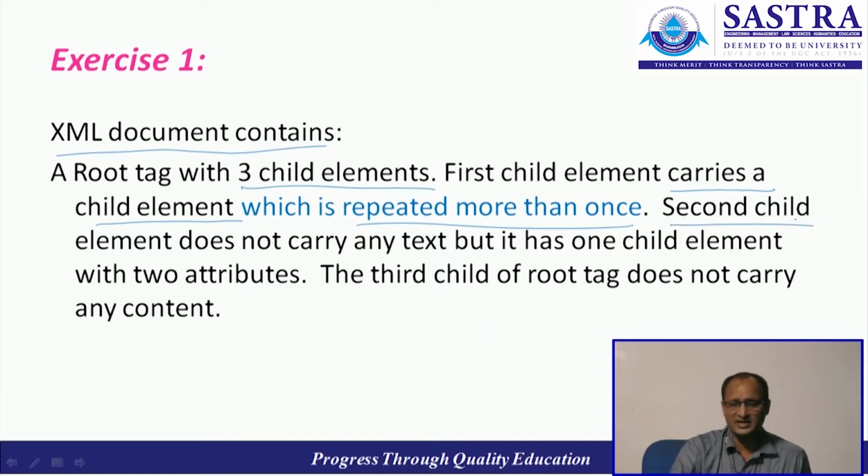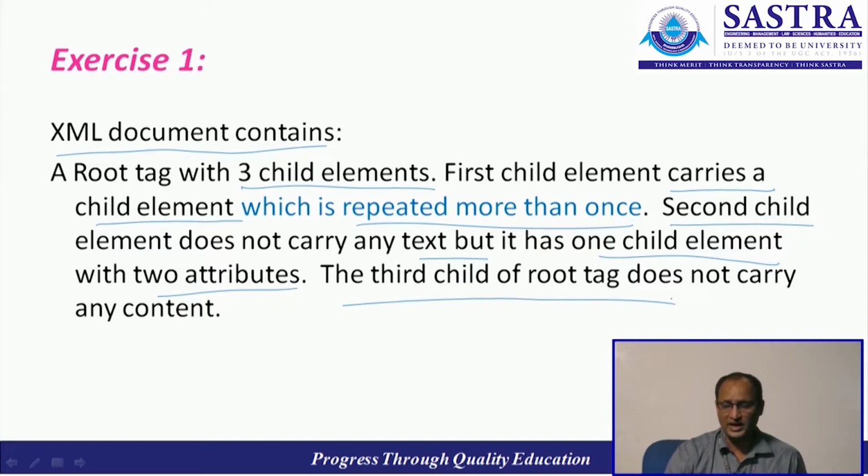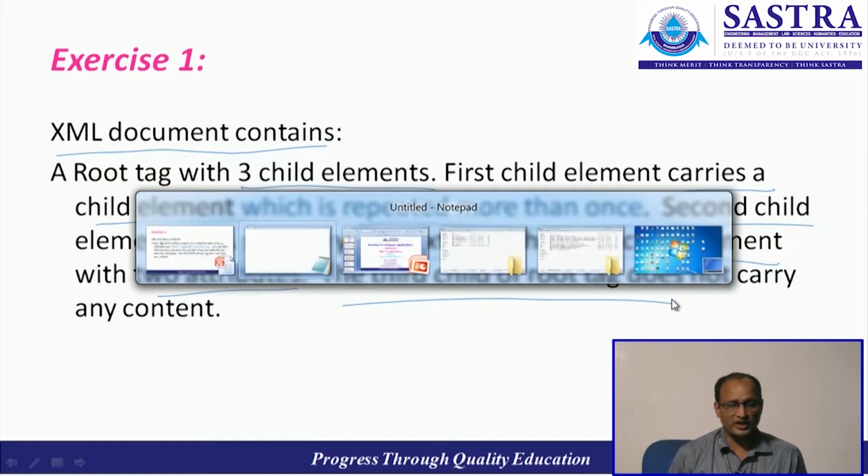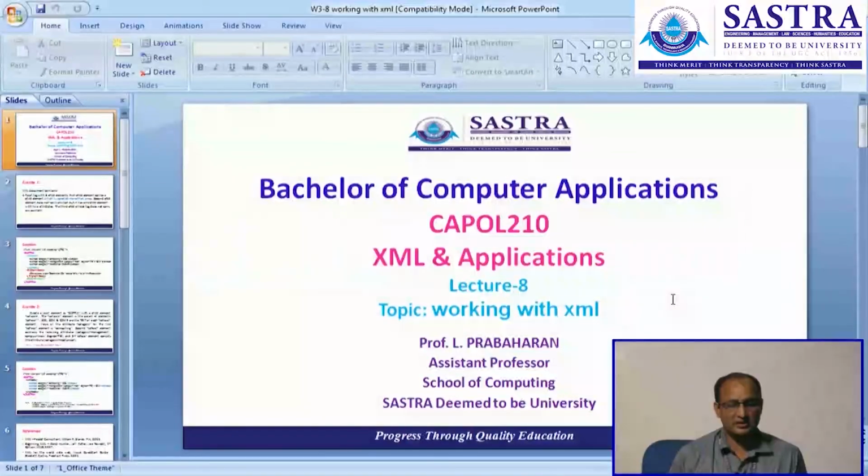The second child element does not carry any text, but it has only one child element with 2 attributes. The attributes can be added as additional features or additional information about a particular element. The third child of the root tag does not carry any content. So, based on this, we can have a root tag with the 3 child elements. How can we make this?